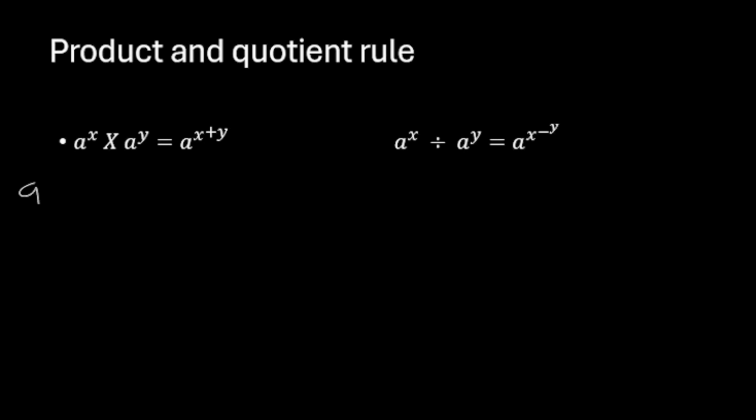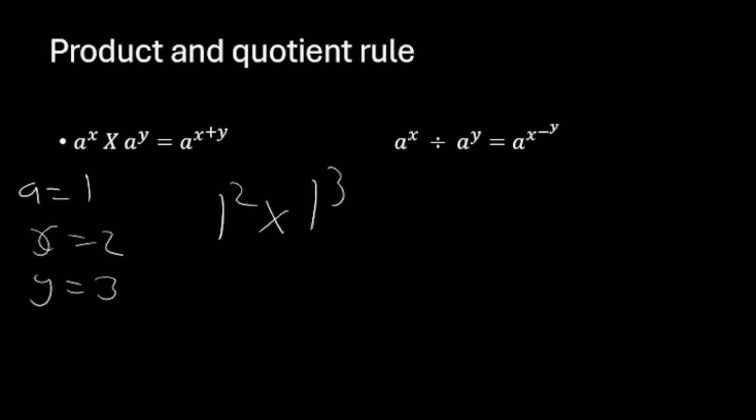So if a was 1, and x was 2, and y was 3, it's going to be like this. And as I said, the product rule only works when the powers have the same base. Here you can see it has the same base, 1 and 1.